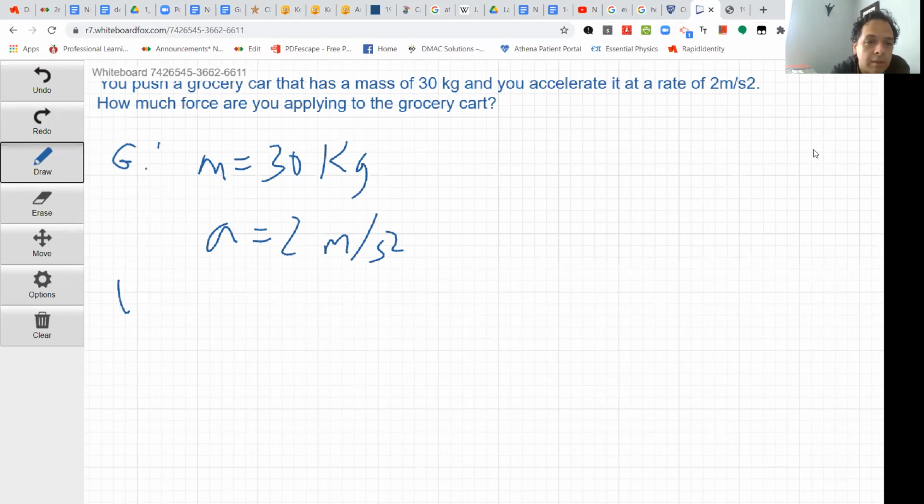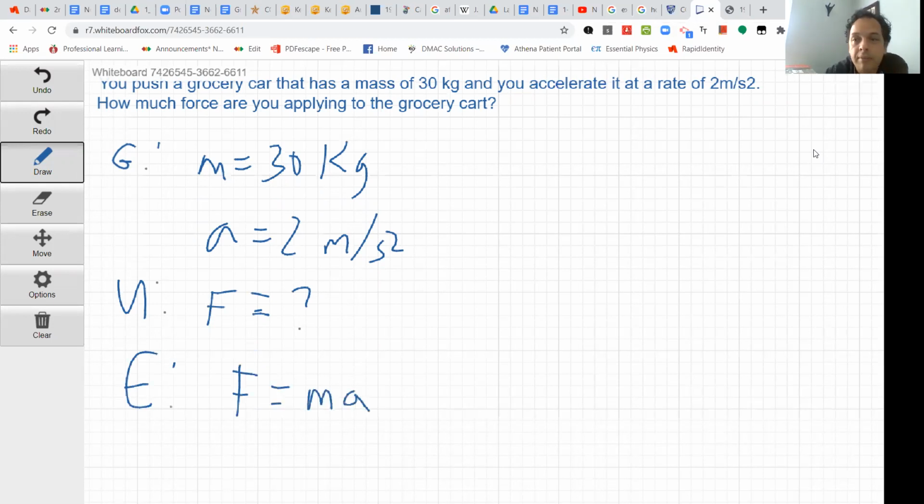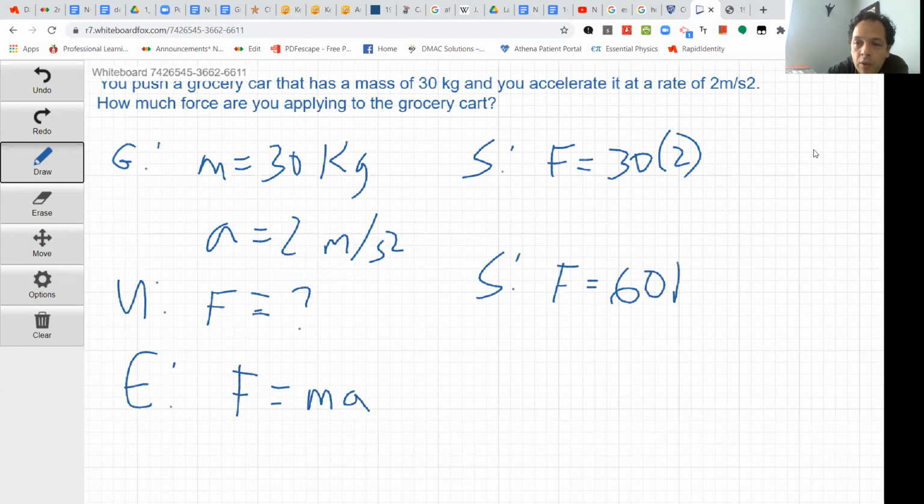How much force? So we don't know F. So what equation are we going to use? We're going to use F equals mass times acceleration. Now we're going to substitute 30 times 2 and solve. Force equals 60, and the units of force are newtons. 60 newtons.